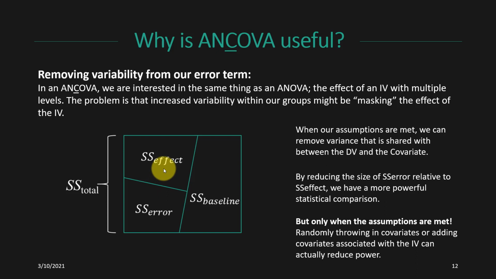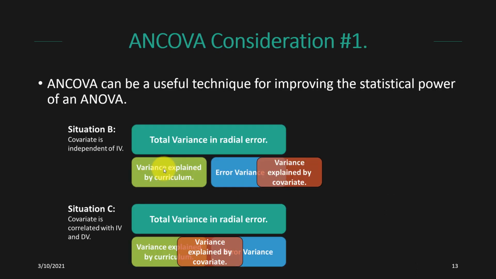But it's important to note that this is when our assumptions are met, and we have to be careful in our use of covariates. We don't want to randomly throw in covariates or add covariates that are associated with our independent variable, because that can potentially reduce our statistical power. And this leads to a consideration that we talked a little bit about before, but I want to elaborate on now.